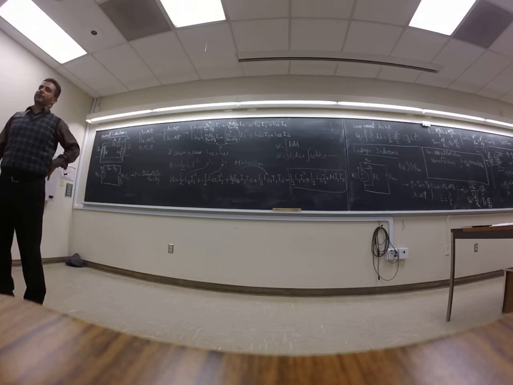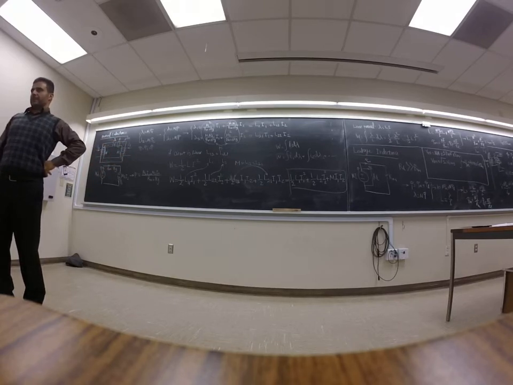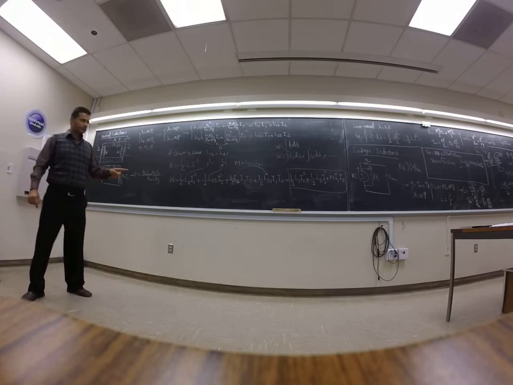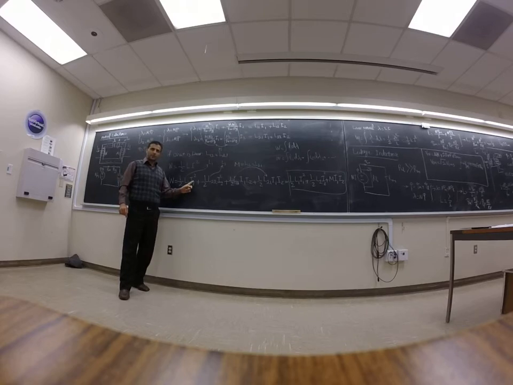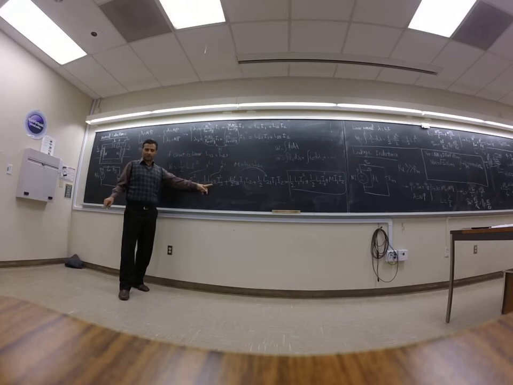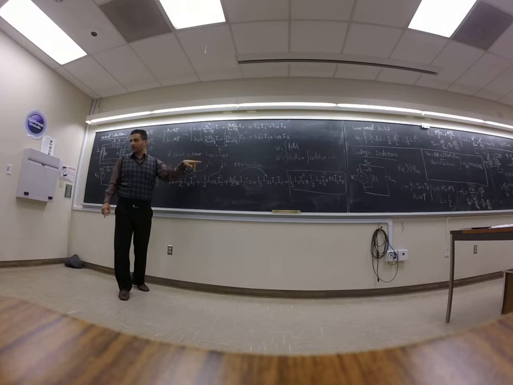Now, if we have 3 windings, can you tell me how much the energy is? It's going to be half of L11 I1 to the power of 2, plus half of L22 I2 to the power of 2, plus half of L33 I3 to the power of 2, plus L12 I1 I2 plus L13 I1 I3 plus L23 I2 I3, right?